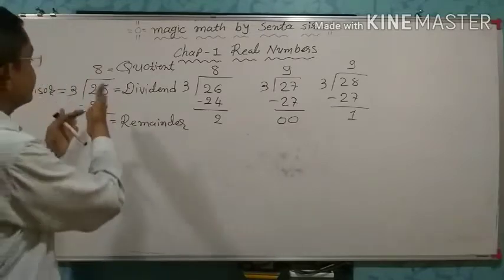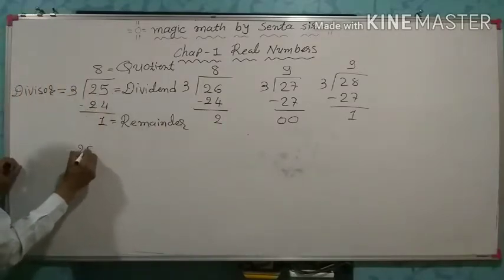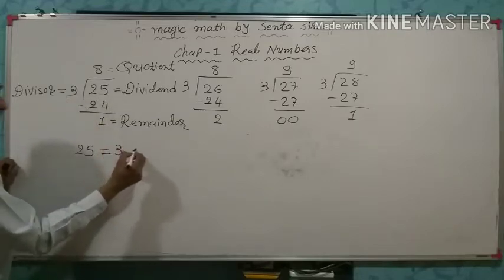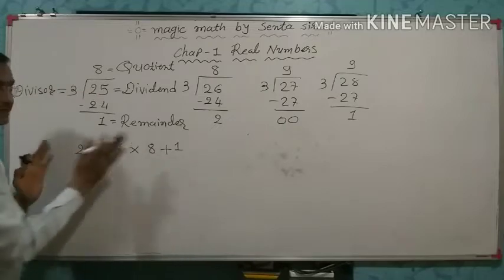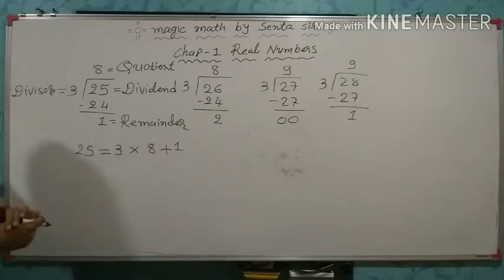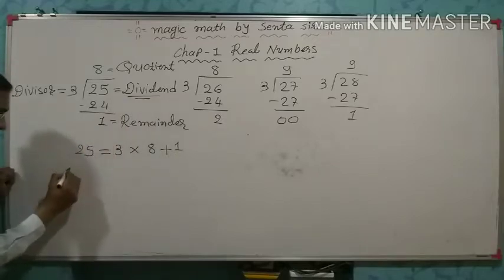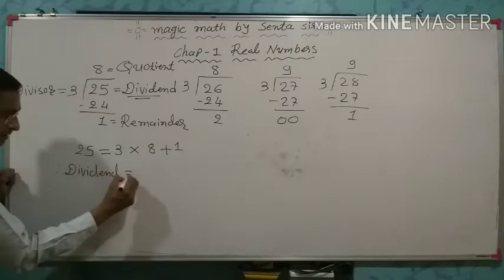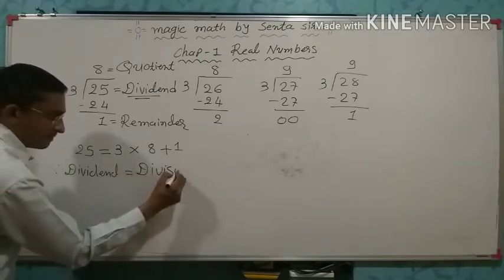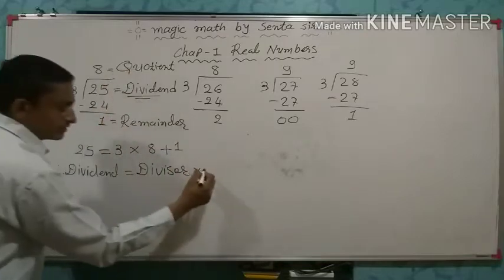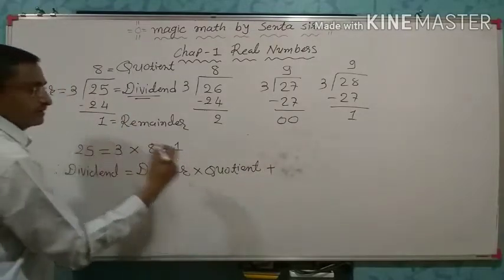Euclid wrote this division in his own style, a fancy style, in a straight line: 25 is equal to 3 into 8 plus 1. 25 is dividend, so we can write dividend is equal to 3, which is the divisor, into 8, which is the quotient, plus 1, which is the remainder.